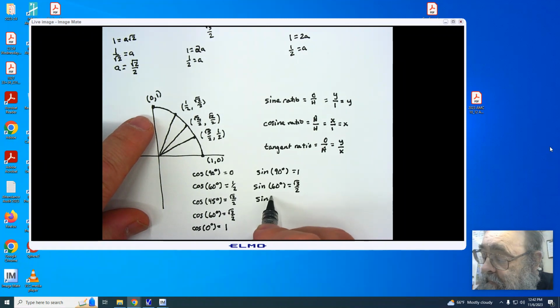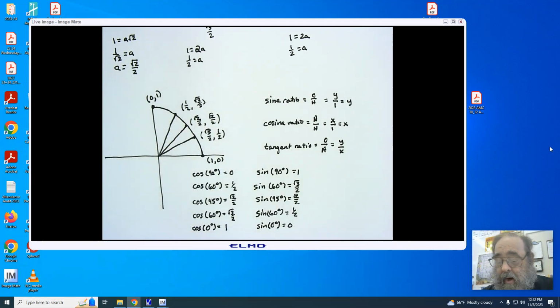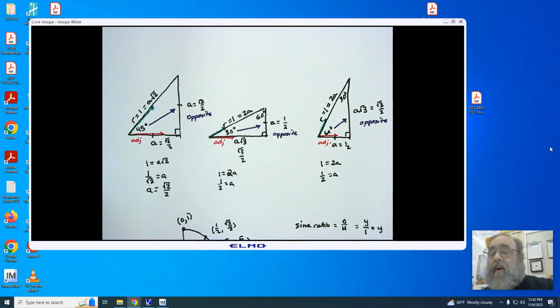The sine of 45 degrees is root 2 over 2. The sine of 60 degrees is 1/2. And the sine of 0 degrees is 0. Alrighty, so this is sine and cosine working with the unit circle and our 3 right triangles.